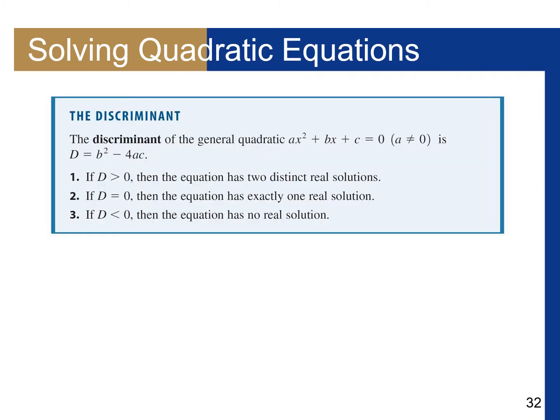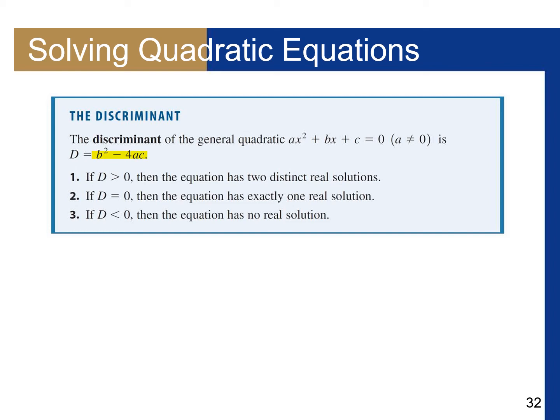This next slide goes into that further: sometimes you'll need to double check whether you're going to have two answers, just one answer, or no answers. You can figure that out by using the part of the quadratic formula that is underneath the square root. So when I say x equals negative b plus or minus the square root of what? B squared minus 4ac.